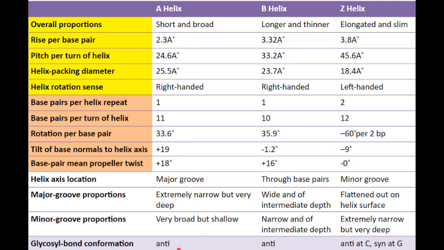So they have an anti configuration, and here you will find anti for C, and syn for G. So that makes this DNA somewhat linear, zigzag and left-handed. So this is the characteristic of these three forms of DNA. Now you understand B-DNA more nicely. You understand B-DNA well when you compare it with the others.